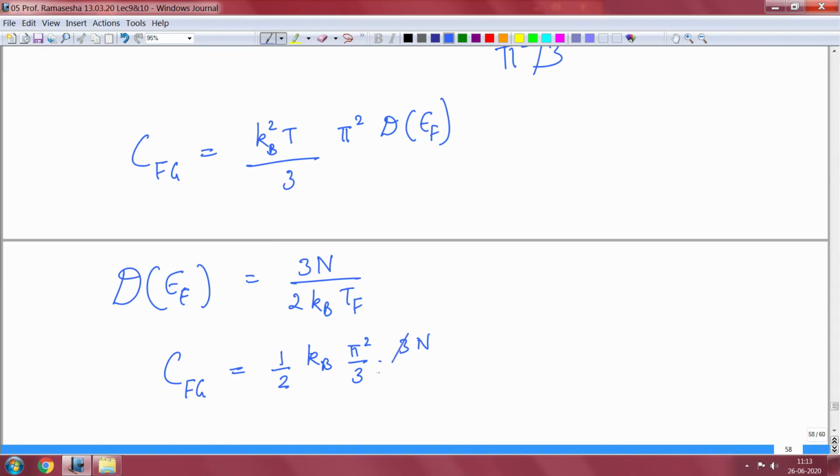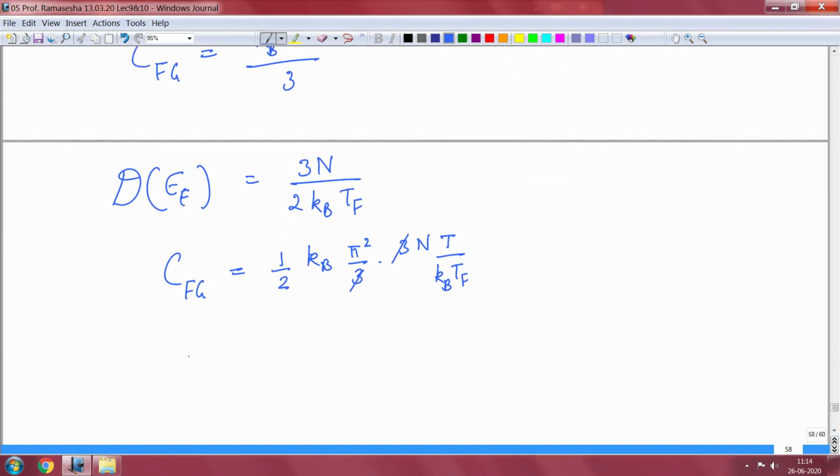The 3 will go, kB squared T that I had, so I will have a T in the numerator, and in the denominator I have kB TF, where I have used the expression that EF is equal to kBTF.